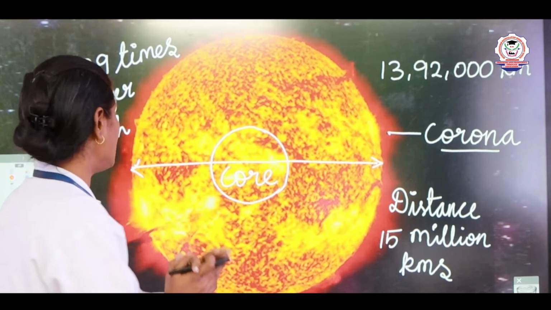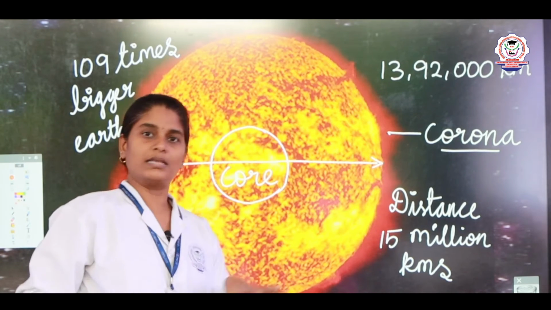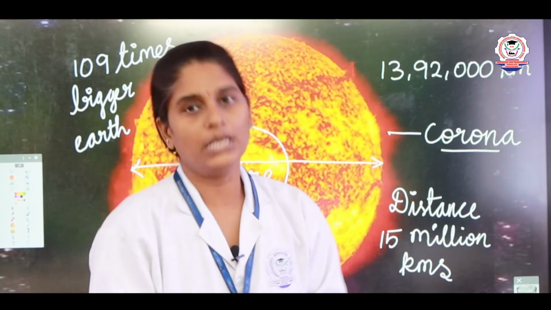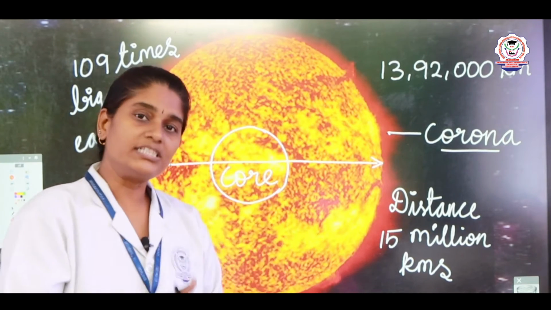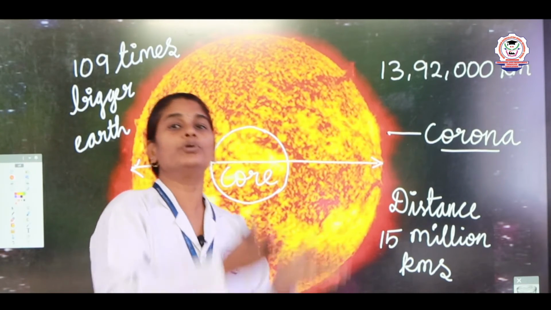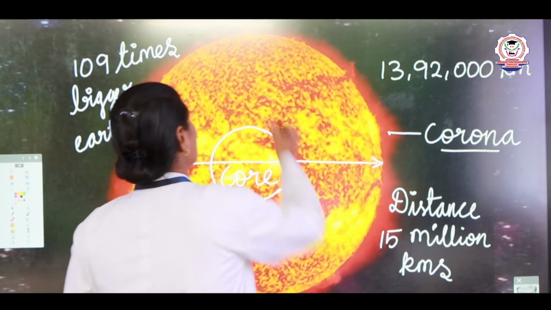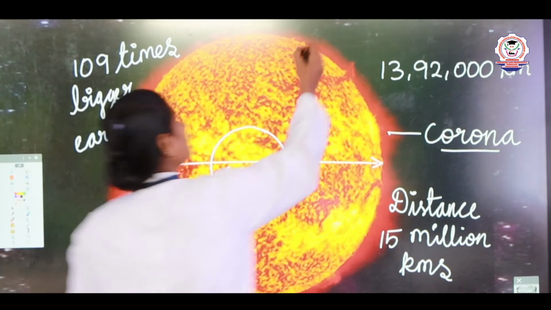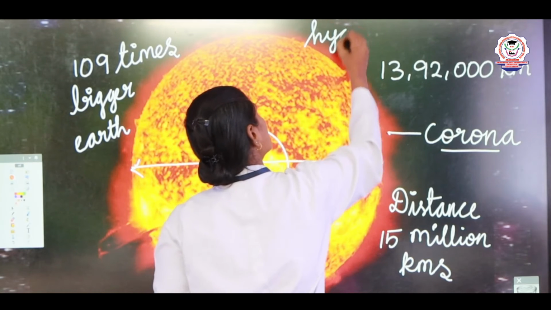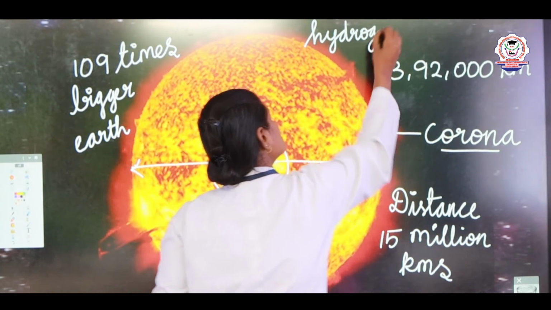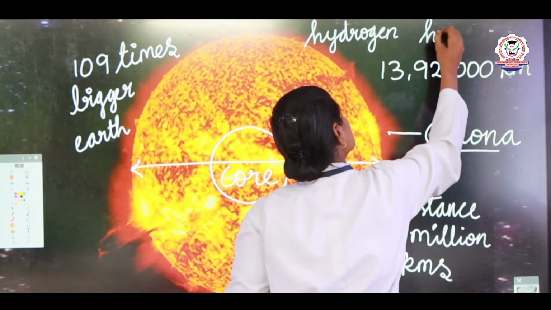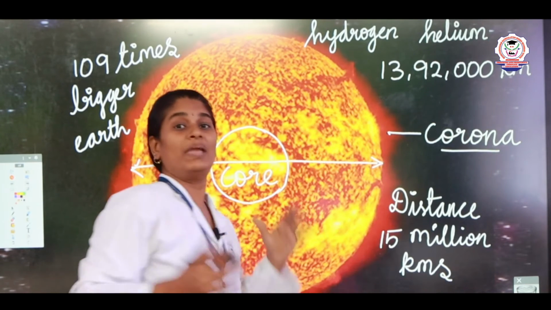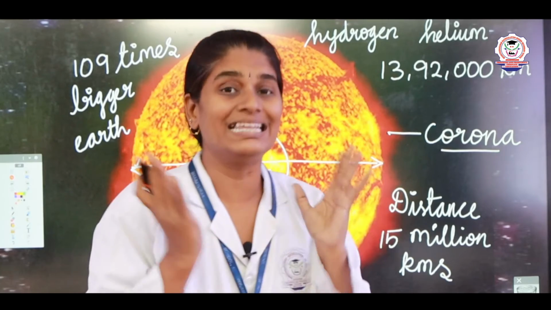Inside the sun there are gases that are burning out. The hydrogen gas is burnt into helium. So the sun is made up of hydrogen gas and helium gas.